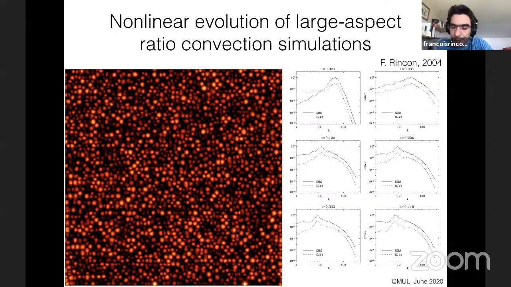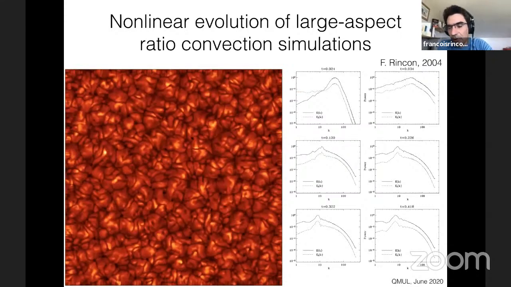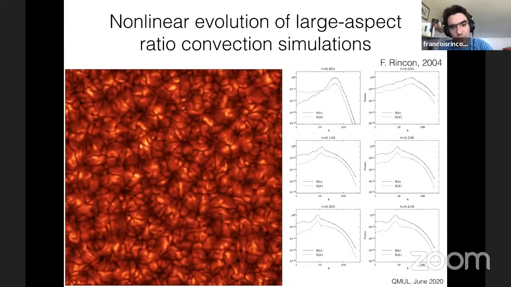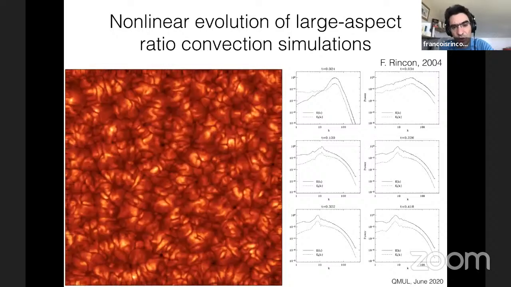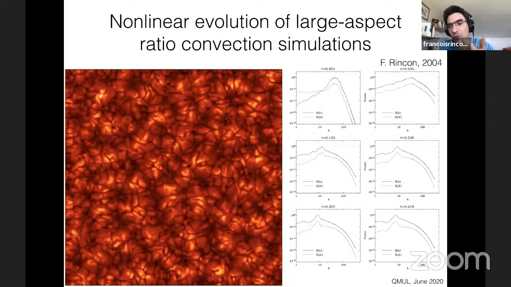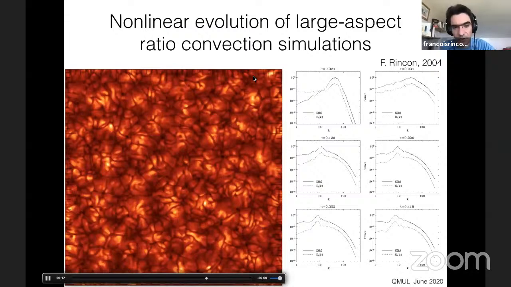So just to get a better intuition for that, I'm going to revisit some of the simulations I did many years ago, which are large aspect ratio simulations of turbulent convection. What this means is that I'm essentially simulating Rayleigh-Bénard convection here, convection between a hot and a cold plate, except that it's stratified in density.